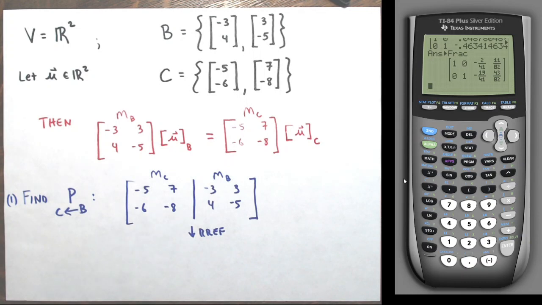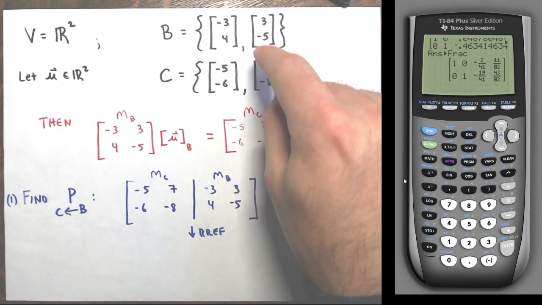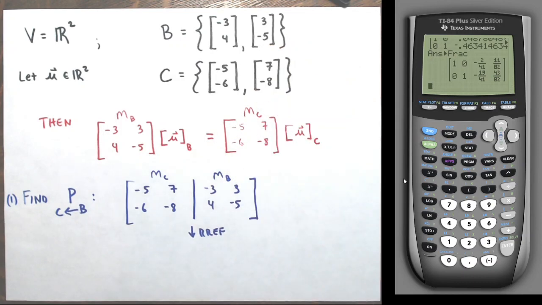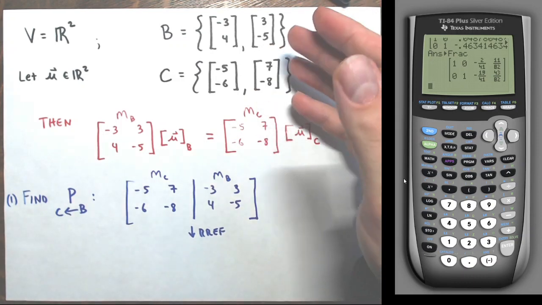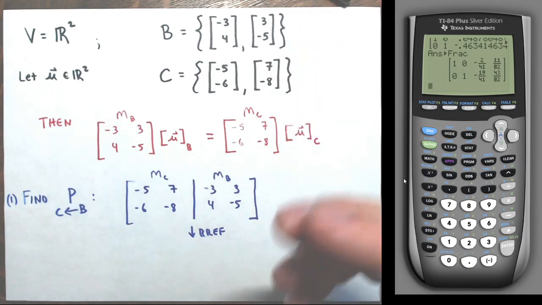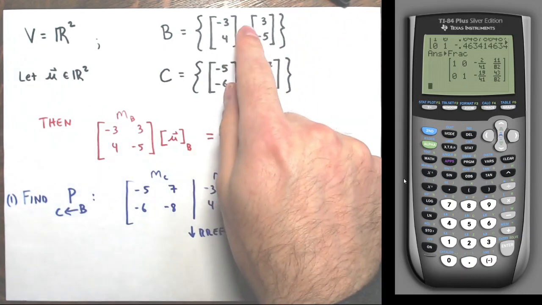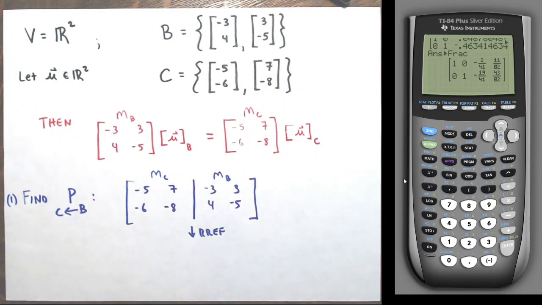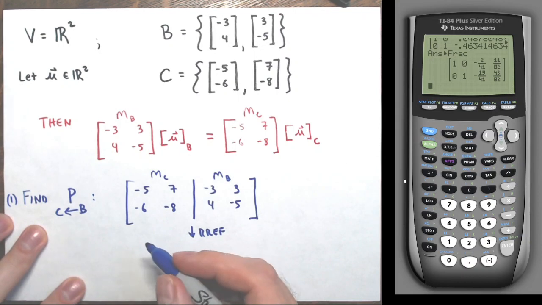And the reason it's pretty ugly is because I made these up. I didn't pull them out of a book or anything. I knew these were bases for R2 because these are independent sets of 2 vectors. So this is yuck.